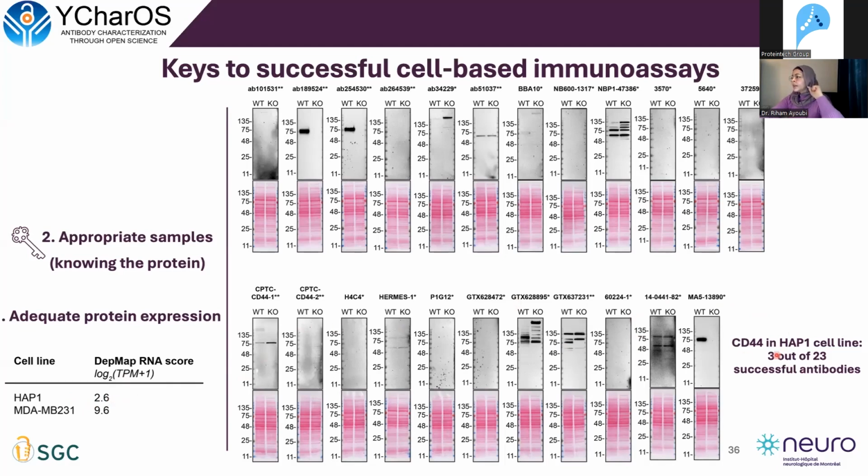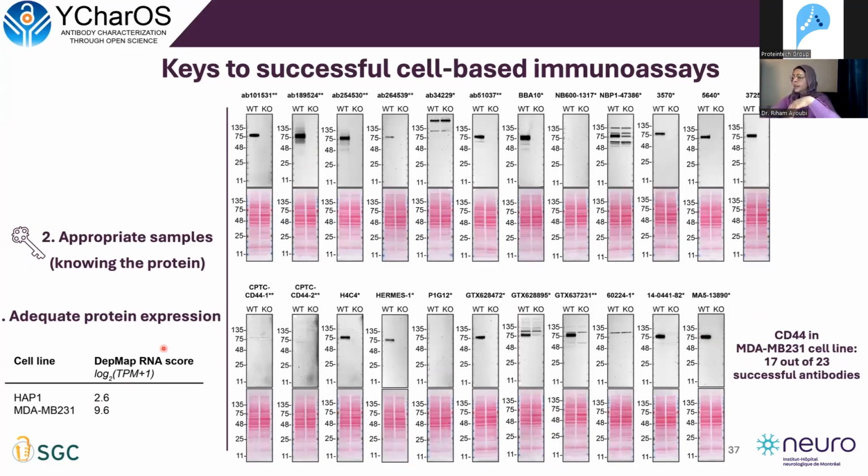I counted this for you: it's only 3 antibodies that can detect the protein in Western blot out of 23 that are tested. However, when the same screening was done in the breast cancer cell line MDAMB231 with an RNA score of 9.6, now 17 out of the 23 antibodies can detect the protein, proving the importance of using appropriate samples with antibodies.